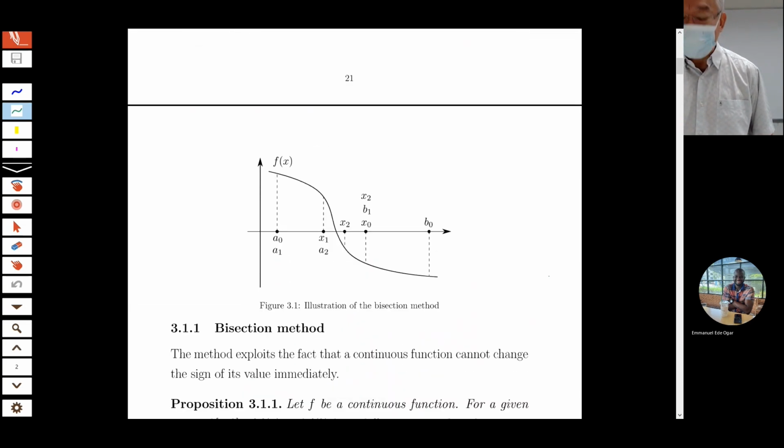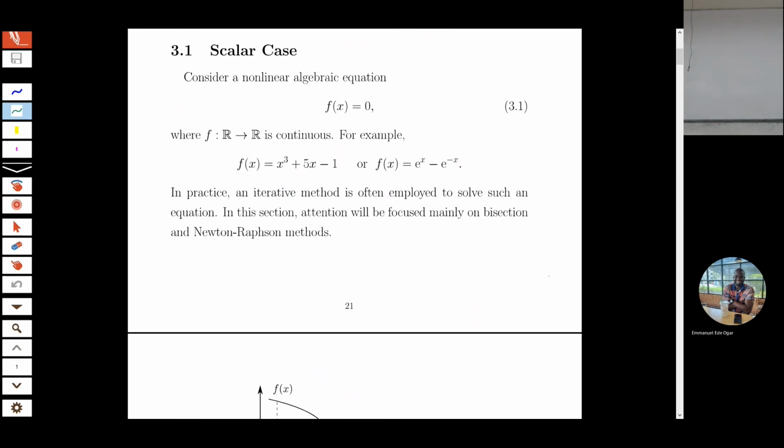The idea of the bisection method is very simple. We use the continuity property of the function, because don't forget that here we assume the function f is continuous.